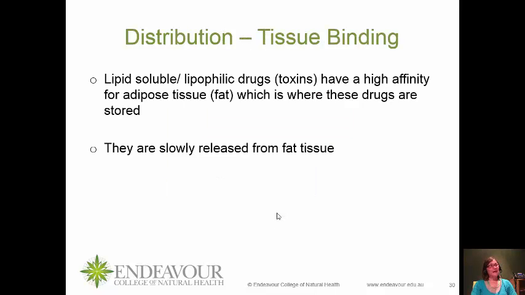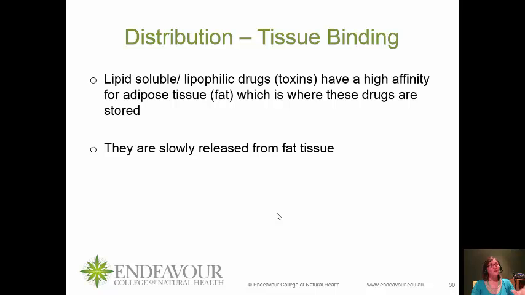We did indicate, though, that distribution can depend upon the chemical nature of the drug, and one concept we want you to recall from biochemistry is that those substances that are quite lipophilic, love lipids, will be hydrophobic. They would, because of their lipid-soluble nature, distribute to adipose tissue. So we'll say they will have a high affinity.